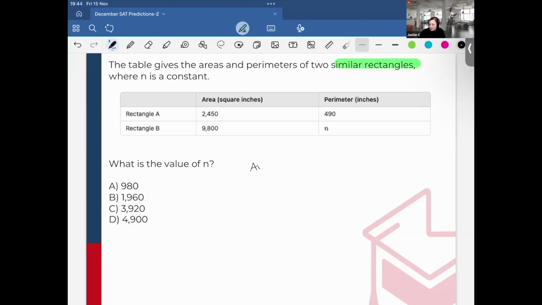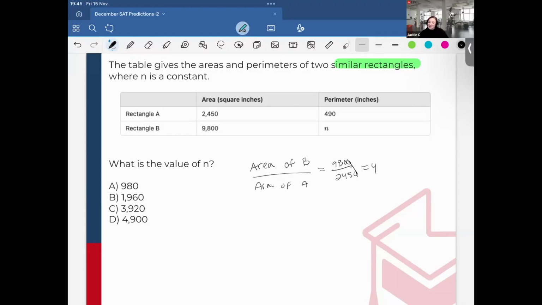So I can just set up like the area of B to area of A, which would be 9,800 over 2450. And oh my goodness, I think this goes in perfectly.